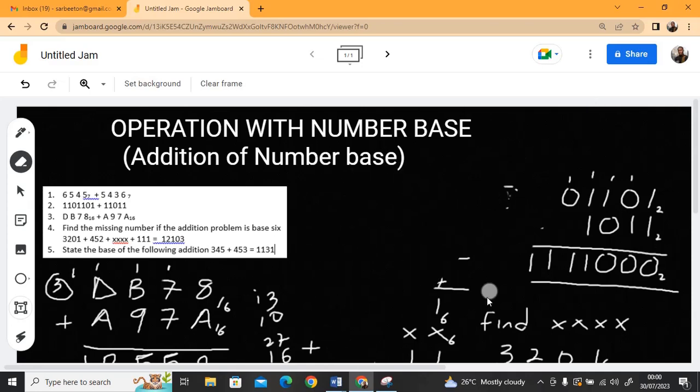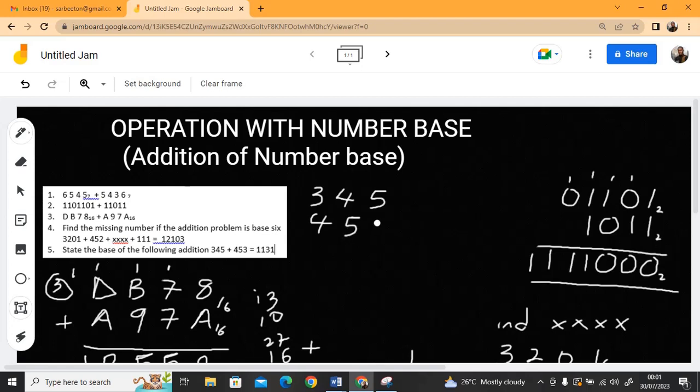Now you have this 3, 4, 5 plus 5, 4, 3, and it gives 1, 3.